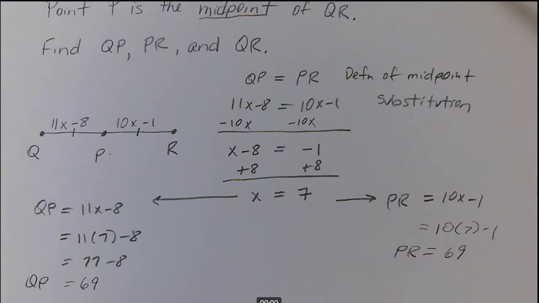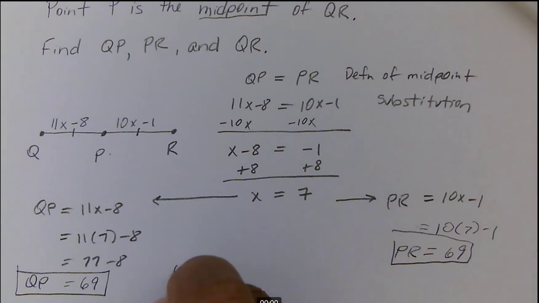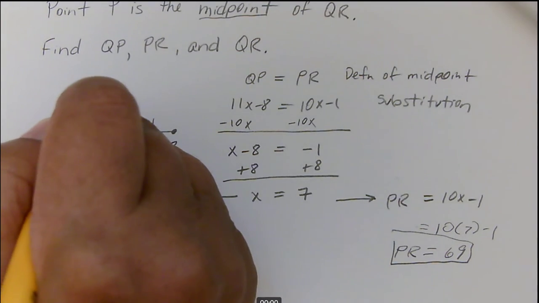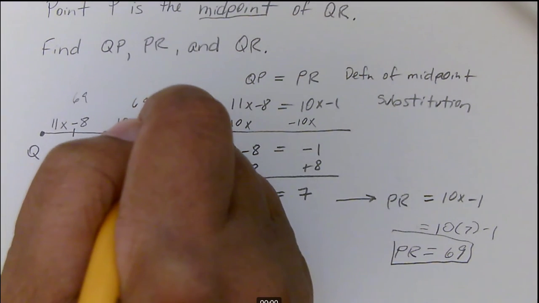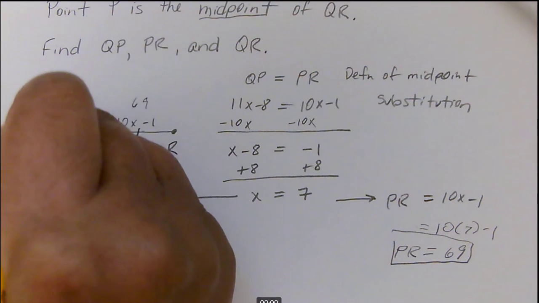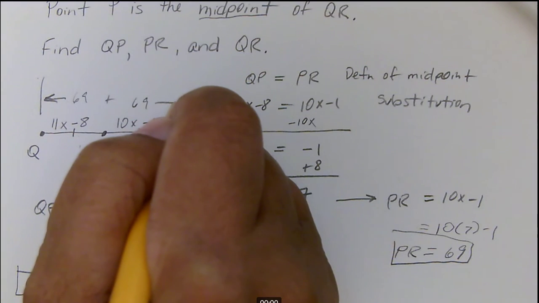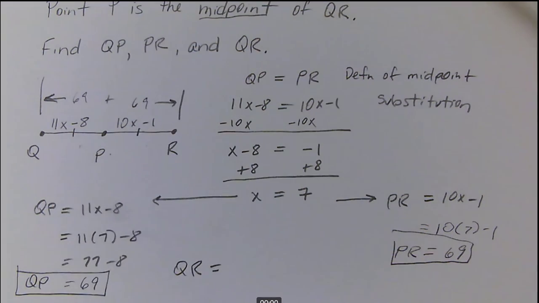And since we found QP and we found PR, we can now find the entire segment, which is QR. QR is the length of both of these, this length of 69 and this length of 69, which is the entire length of the line segment denoted by QR.